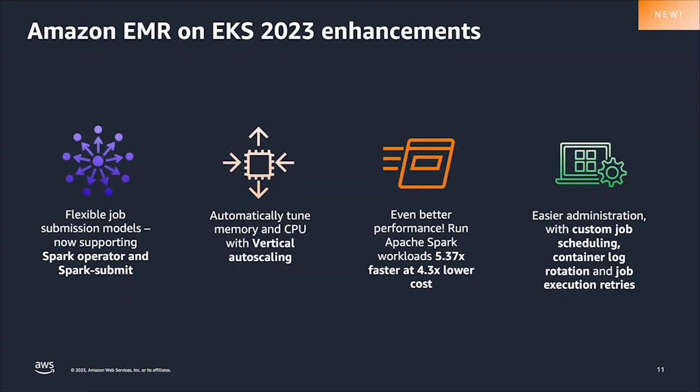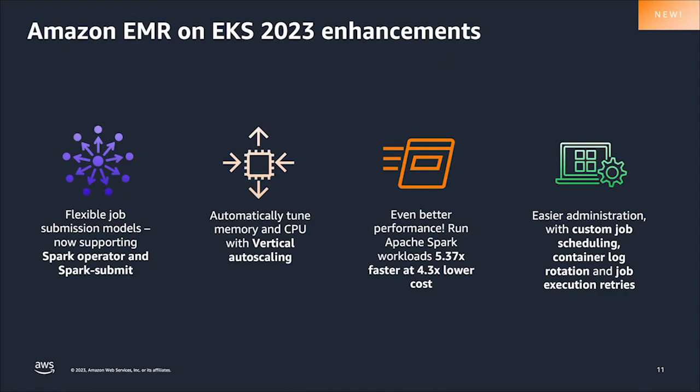You can run your workloads even faster, like 5.37x faster at 4.3x lower cost. And with this enhancement, you can administer custom job scheduling, container log rotation, and job execution retries can be done multiple times. So these are the very important features launched this year as part of Amazon EMR on EKS.